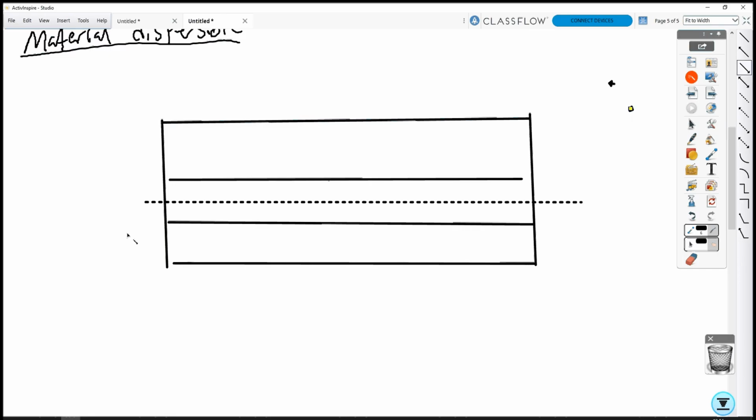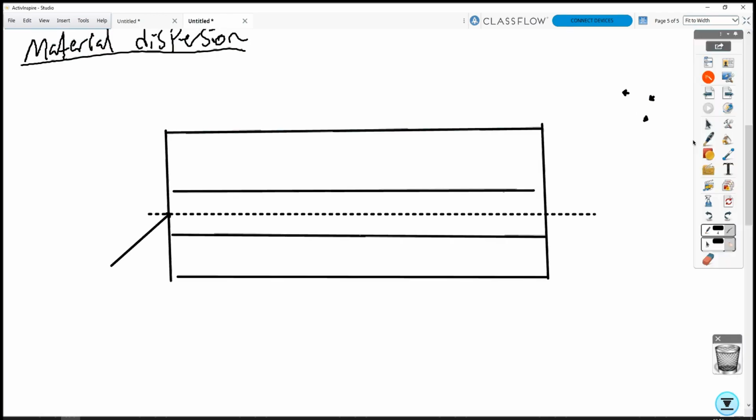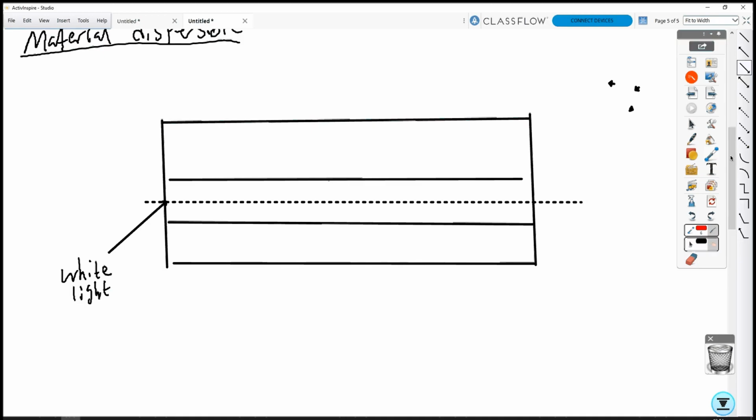Okay, so we'll do our first arrow entering at some angle. And when it enters at some angle, the light begins to disperse. Because if that is white light, and let me label that as white light because I did a black line. So this is white light. So the light disperses because different wavelengths and frequencies of light refract at different amounts.